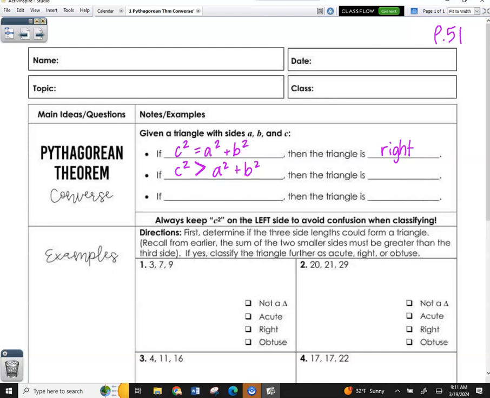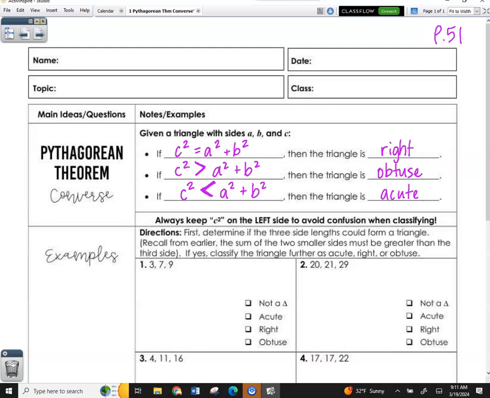As I open my hands up and I have some type of wire between my hands, what type of triangle do we have? Obtuse. And then similarly, if the hypotenuse squared is actually smaller than the two legs squared, then we have an acute triangle. And that's it. Cut, print, run the tape. That's the lesson. Let's dive in.